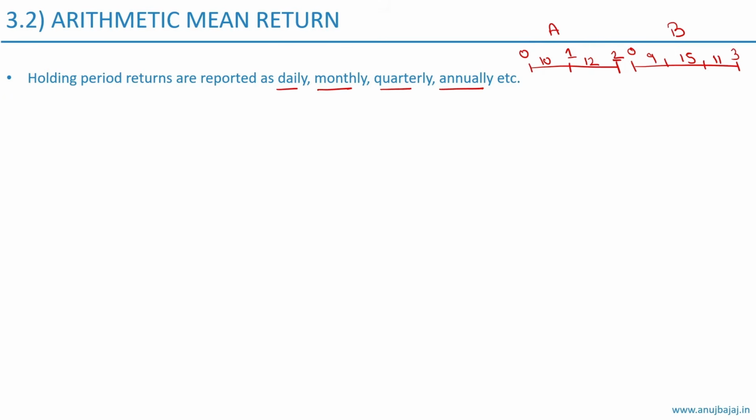Now in order to compare which investor has performed better, simply comparing the holding period return would not be fair because investor B has a longer holding period. Therefore, he will have a larger holding period return compared to A. Hence, we need to average out the returns and then compare the average returns in order to see which investor has performed better.